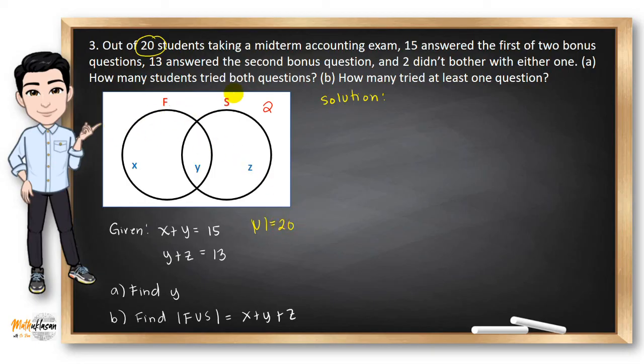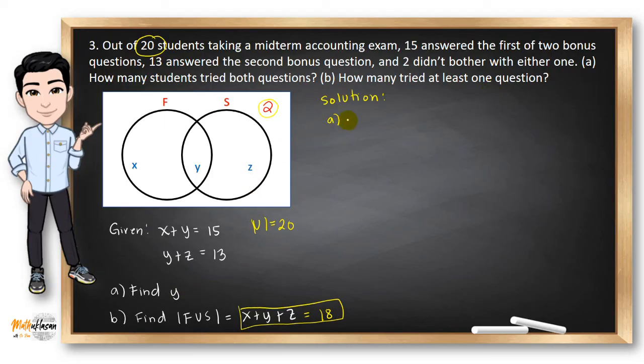So if the whole rectangle has a cardinality of 20, then we just need to subtract 2 from 20, and we will get x plus y plus z, right? Because the number of elements within these two overlapping circles is 18. Adding it to 2 will give us the total number of students. Now, since we now know x plus y plus z, or those students who tried at least one of the questions, we can now solve for the remaining values.